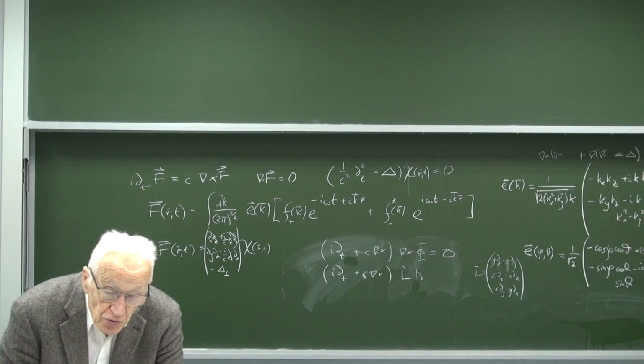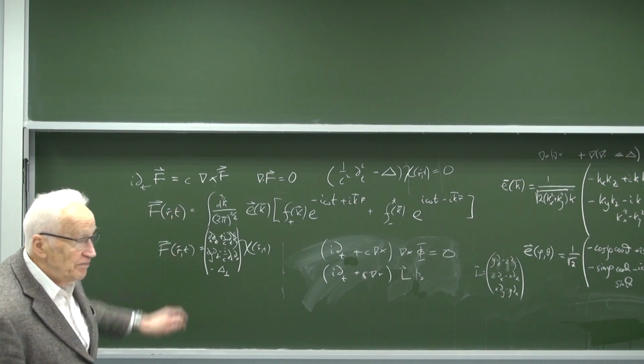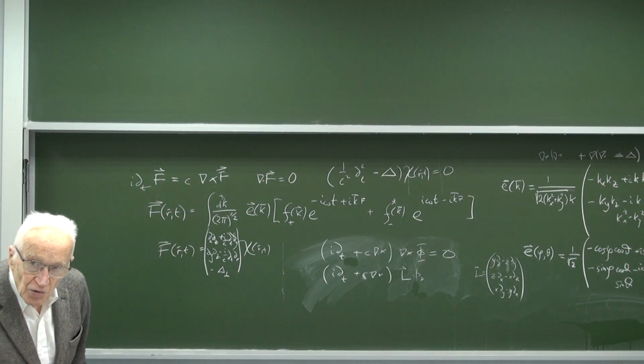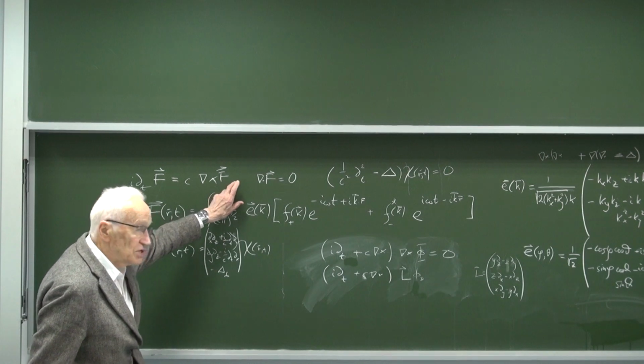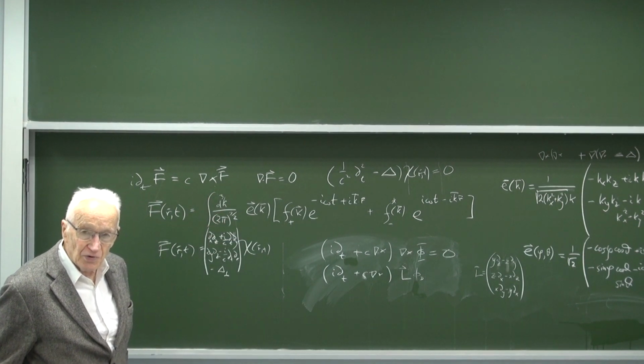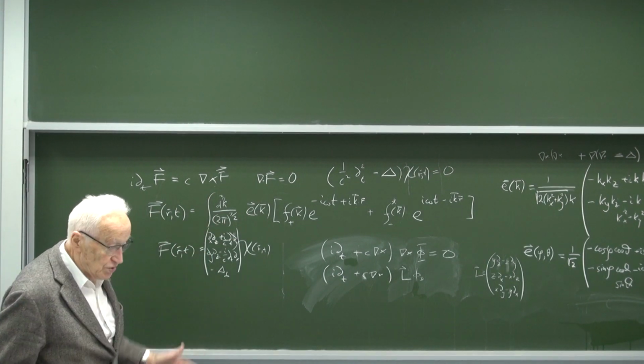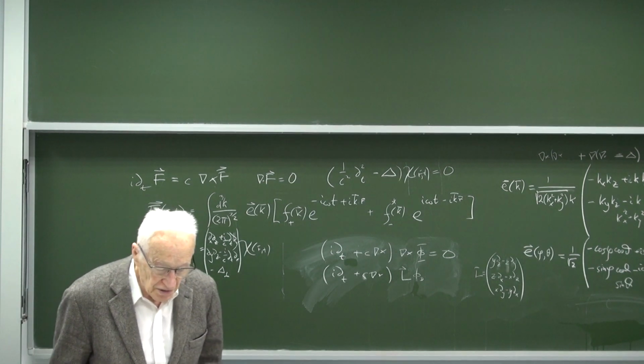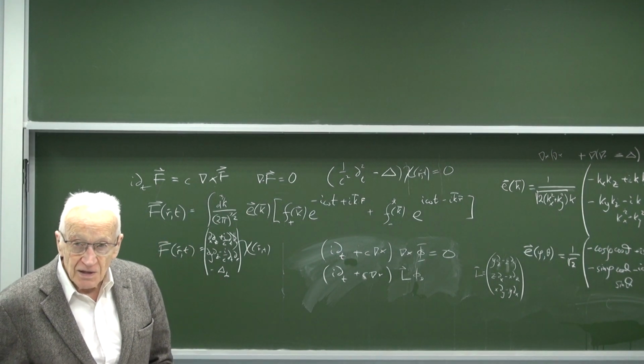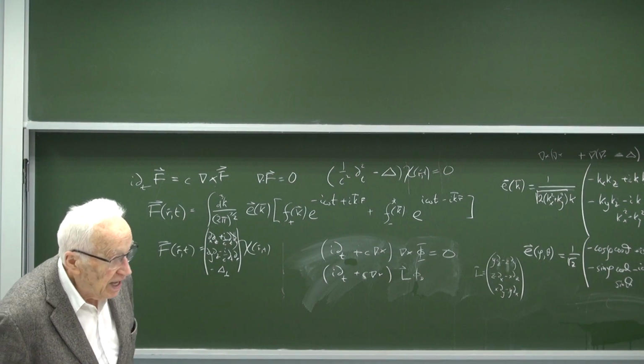The way to do it would be to go back to the Maxwell equations, substitute the sources here, and of course there is the source of the electric field, depending on the type of the source.